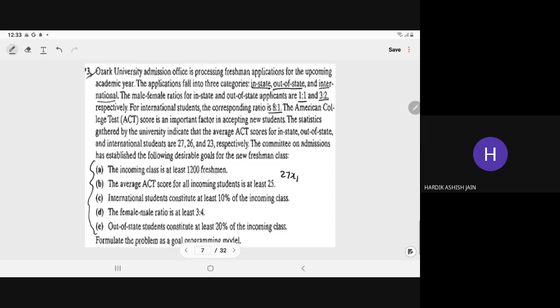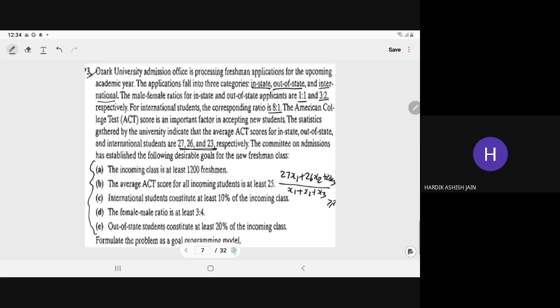If the average is 27 and the total number of admissions is x1, the total score will be 27 x1 plus 26 x2 plus 23 x3. That will be the total score. To take the average, divide by x1 plus x2 plus x3, and it should be at least 25. Clear?